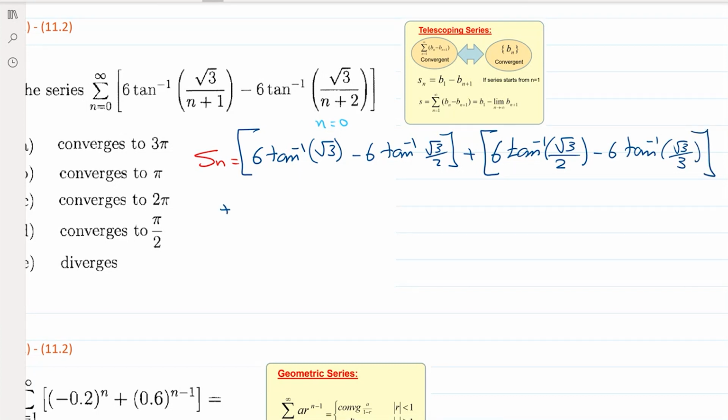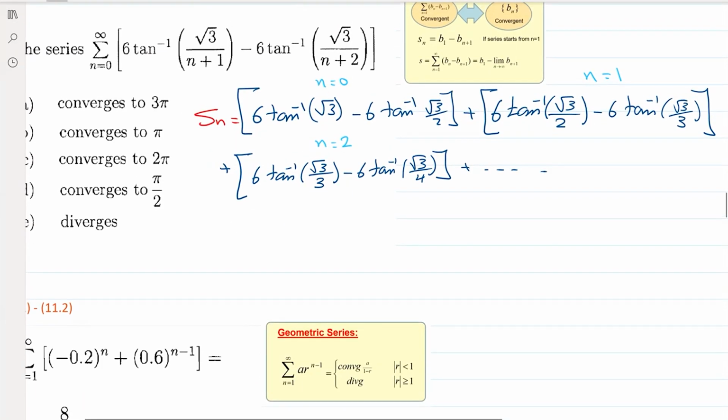So this is when n equals 1. Next term, when n equals 2, what will happen? It will be 6 tan inverse of root 3 over 3, minus 6 tan inverse of root 3 over 4. And so on, right? This is when n equals 2.